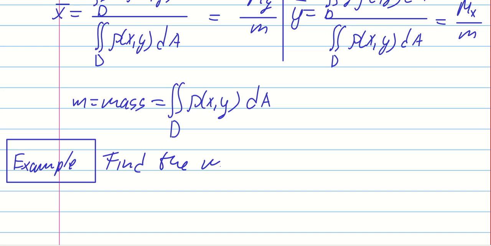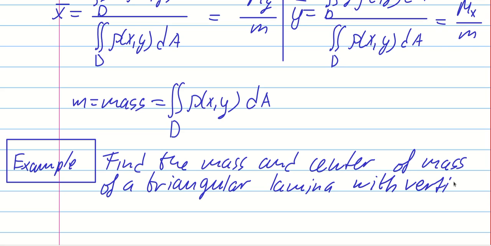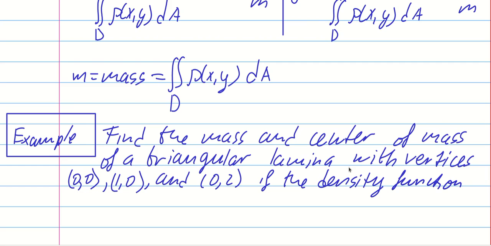Find the mass and the center of mass of a triangular lamina with vertices (0, 0), (1, 0), and (0, 2), if the density function rho of xy is equal to 1 plus 3x plus y.